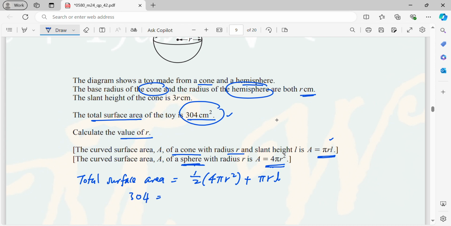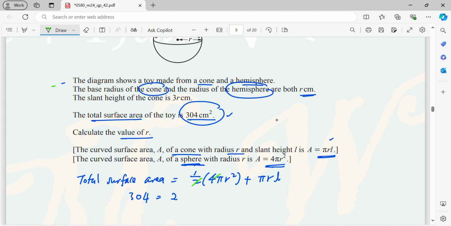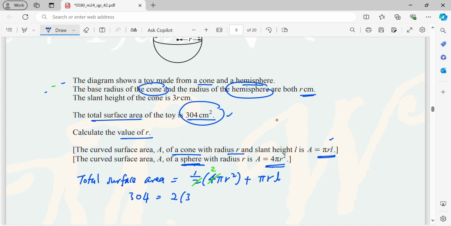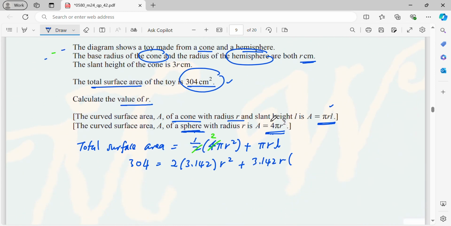Half times 4 is 2. The pi is replaced by 3.142, so r squared plus 3.142 r. The l is given as 3r.